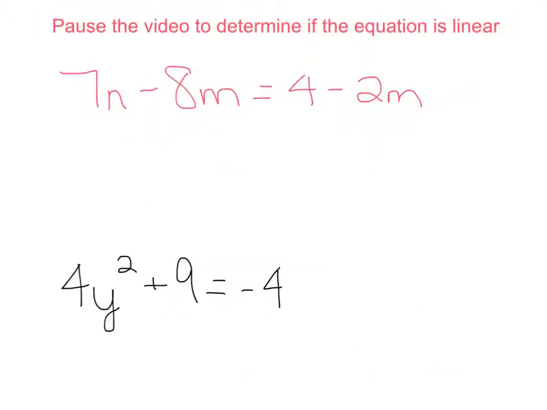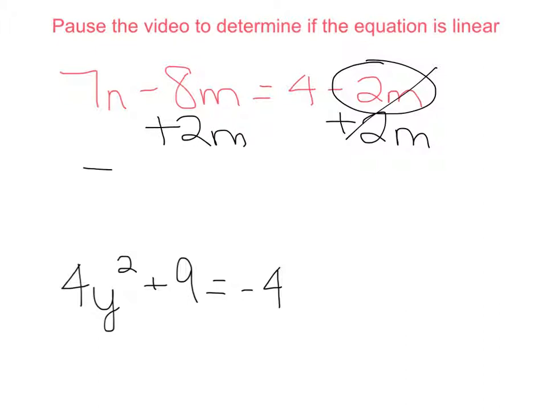Pause the video to determine if the equation is linear. So your first step is to get it in standard form. So we're going to make sure that our variables are on the same side. So we're going to add 2m. And so we're going to be left with 7n minus 6m equals 4.